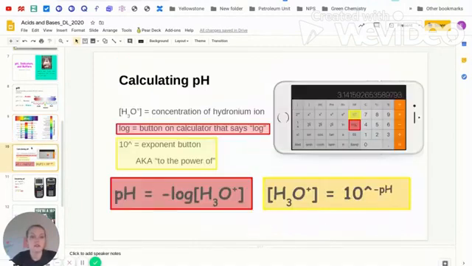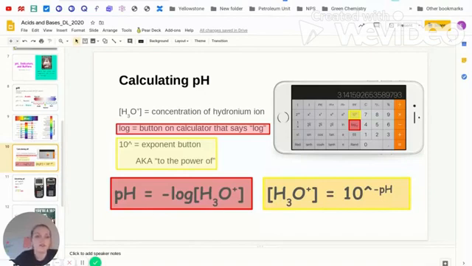For pH calculations, you will use these two equations. pH equals the negative log of the concentration of hydronium ion. The brackets, they're not parentheses, mean concentration. So you will be given a concentration, which means you'll be given a molarity.